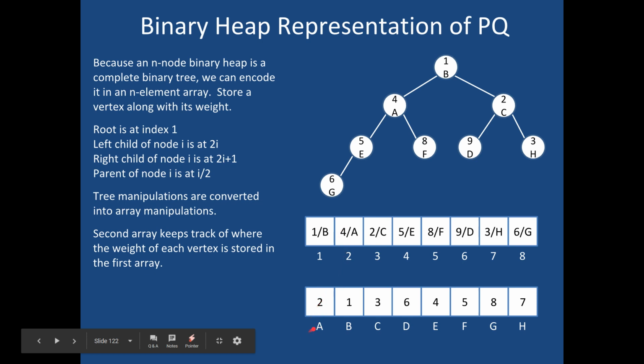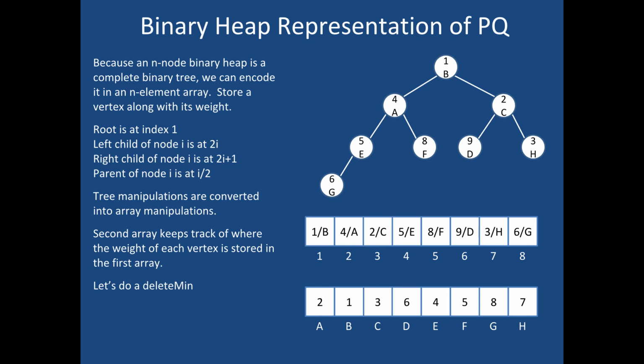So to find out the place where A is stored in the heap, you come here to A, it says 2, you go to index 2, and there's A. So that's the analog to the hash map we were proposing. We've got these parallel arrays. The purpose of that second array is just to keep track of where things are so we can update them if necessary. It makes the algorithm slightly more complicated, but not too bad.